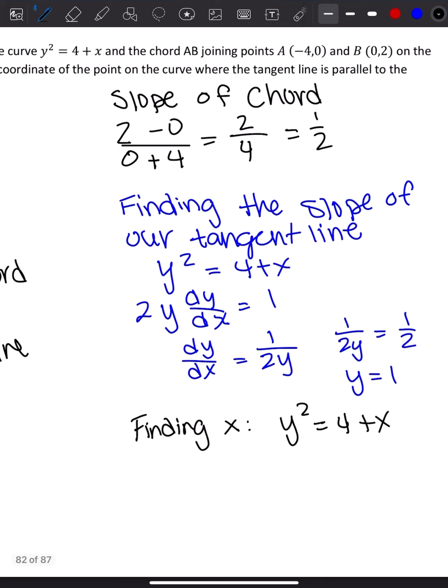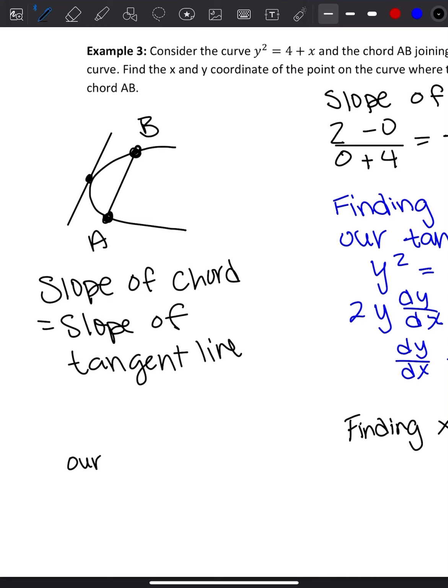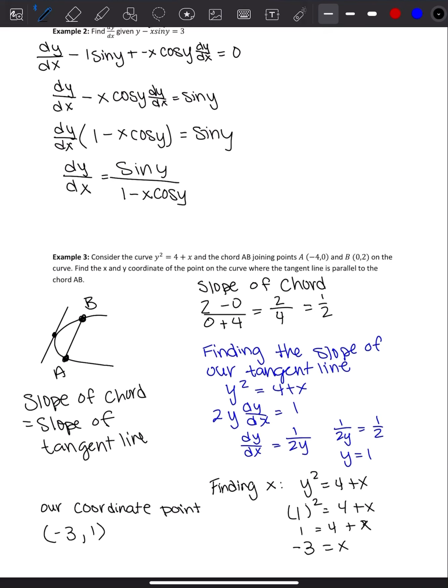We know what y is, so we have 1 squared equals 4 plus x. 1 squared is 1. And if we get x by itself, subtracting 4 from both sides, we get negative 3 is equal to x. So our coordinate point is negative 3, 1.